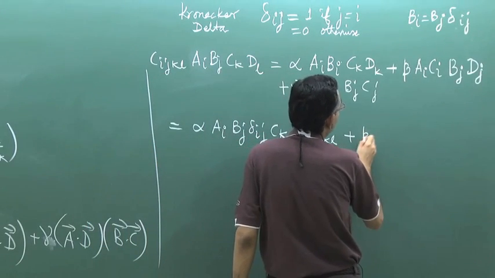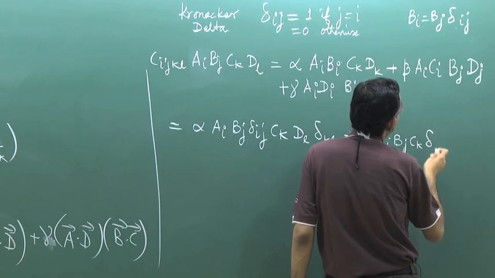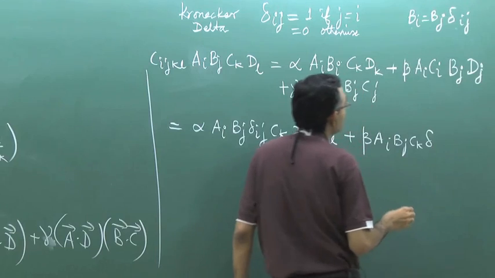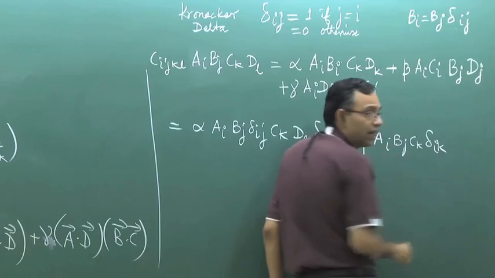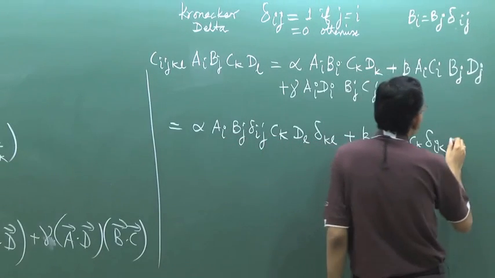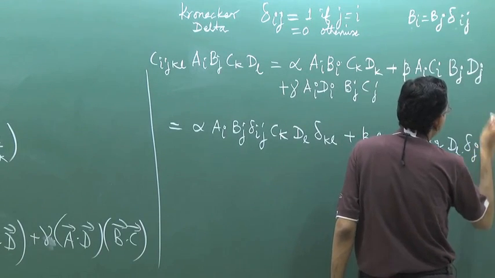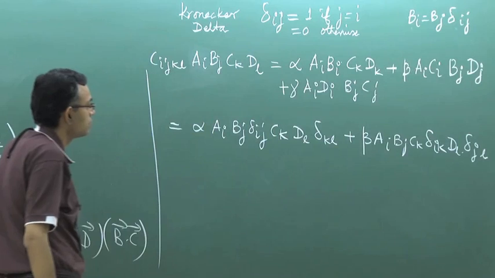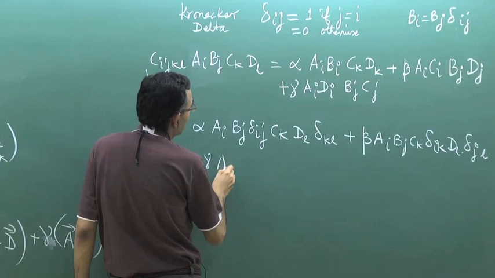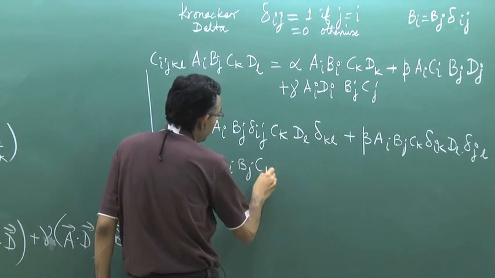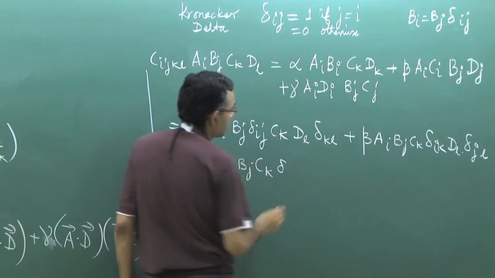Then plus beta A_i B_j C_k, delta, what will be this? ik. Then D_l delta jl, plus gamma A_i B_j C_k delta, what will be this?